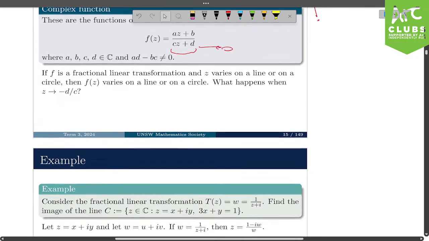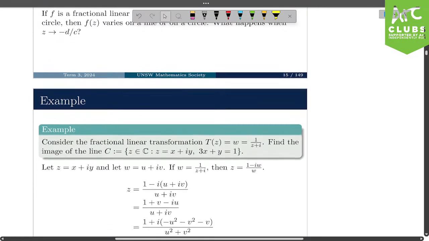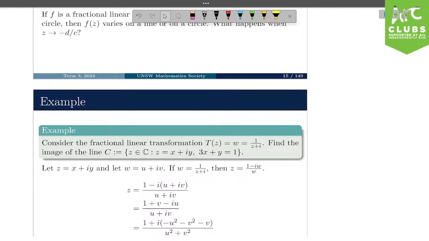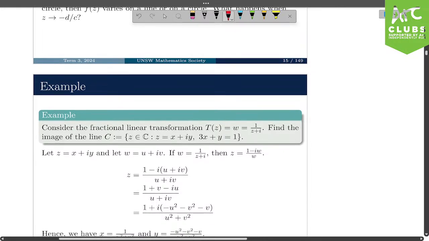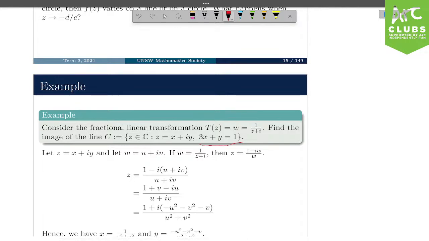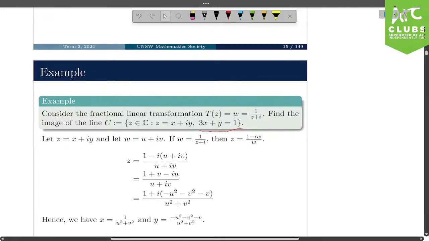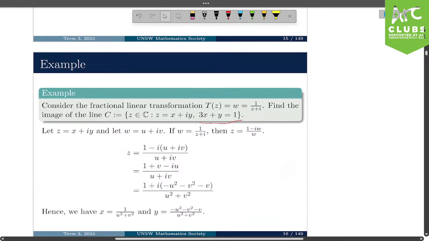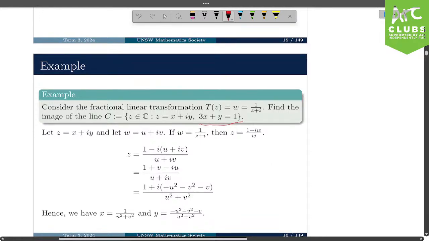So let's look at an example of how we find the image of certain sets under fractional linear transformations. We consider this fractional linear transformation here, T(z) is w, which is just 1 on z plus i. And we want to find the image of this line, 3x plus y is 1. We could just bash it out, right? We let z equal x plus iy, and then we let w equal u plus iv. From there, we can just do the math.